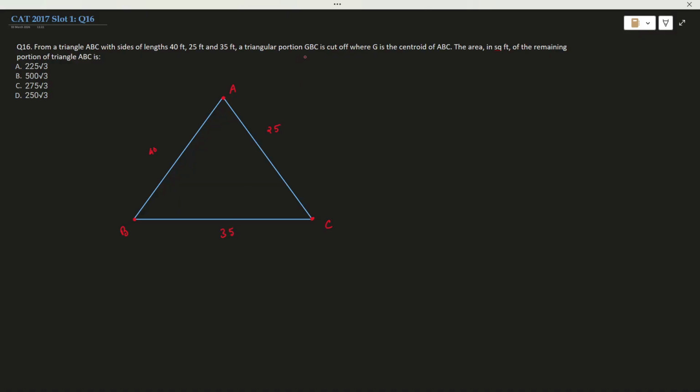Okay, now you need to know what is the meaning of centroid. The centroid is basically the point of intersection of the three medians of a triangle.